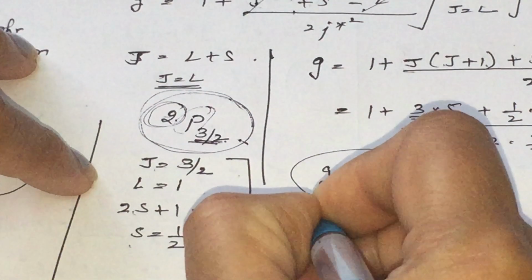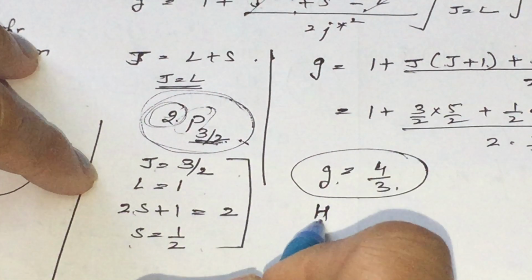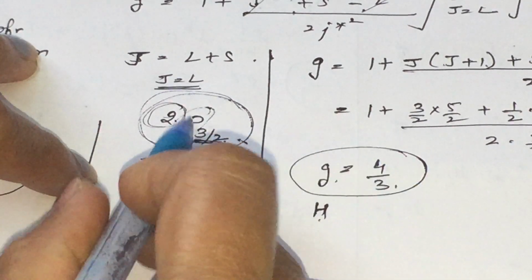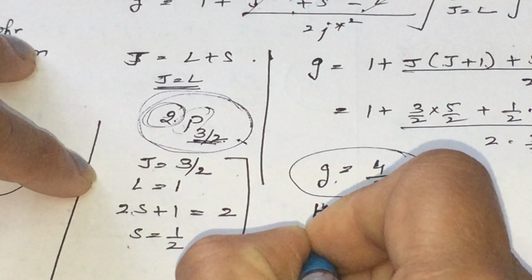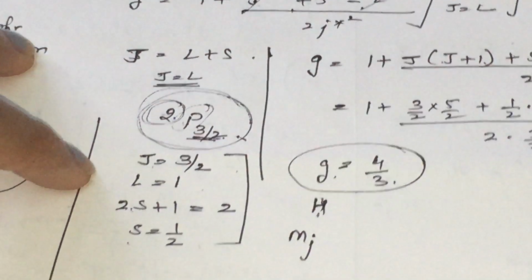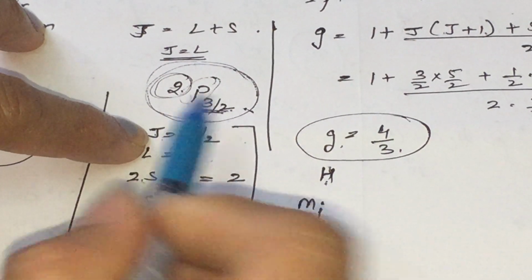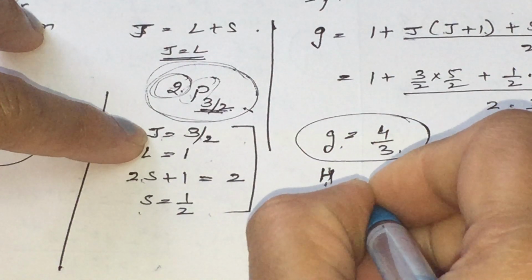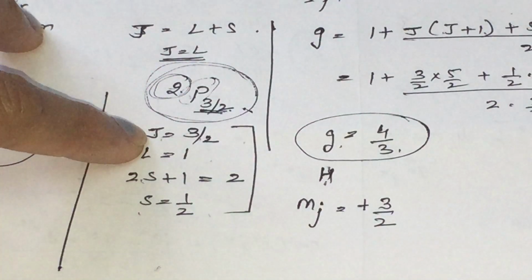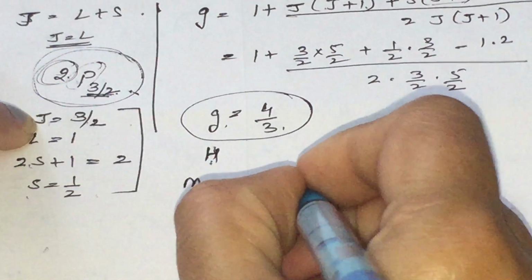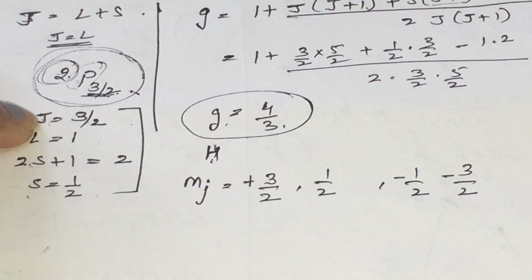If you are applying magnetic field H, that is constant, it means g is also not going to give the separation in between these, but we will find out for J we will have the different values of mJ, and in our case this is half integral, then we will have the value of mJ from plus J to minus J, taking all positive and negative half integrals, and we will have four values of mJ.